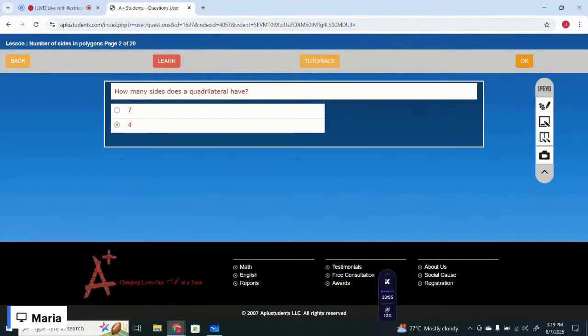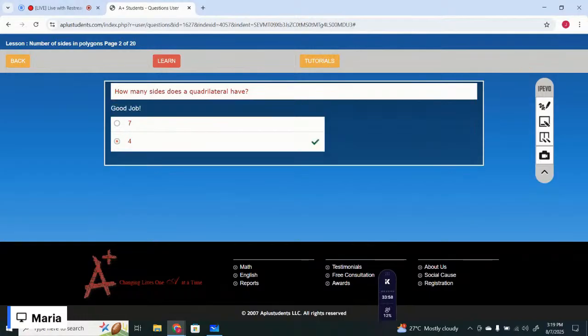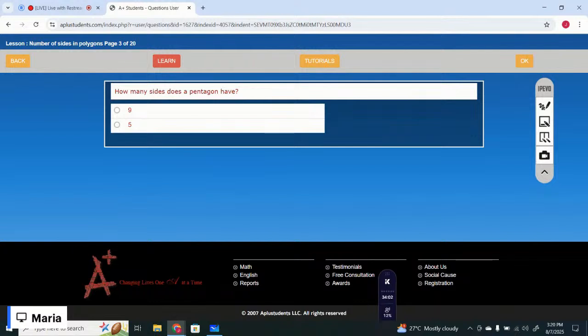Four sides. Option two is the correct option. How many sides does a pentagon have?